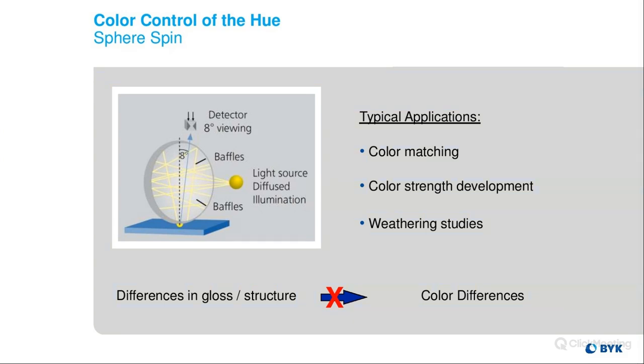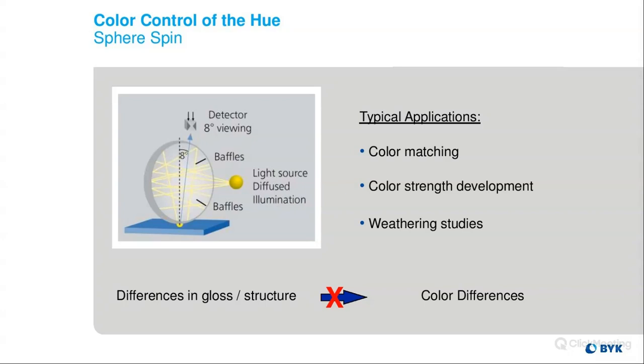Now, I also spoke about the D8 geometry with the spin and spec. And so this is the specular included. And you can see it's very different from how the 45-0 is, where the light's coming from all angles. This is a sphere essentially with a white coating inside, and the light's going to come in from the side, and it's going to get reflected throughout the entire sphere.